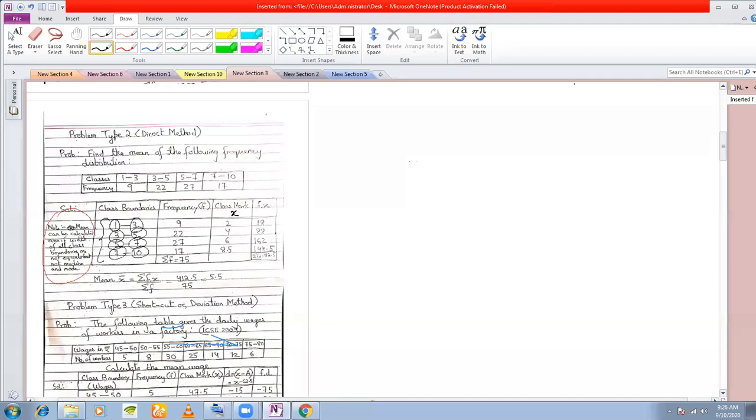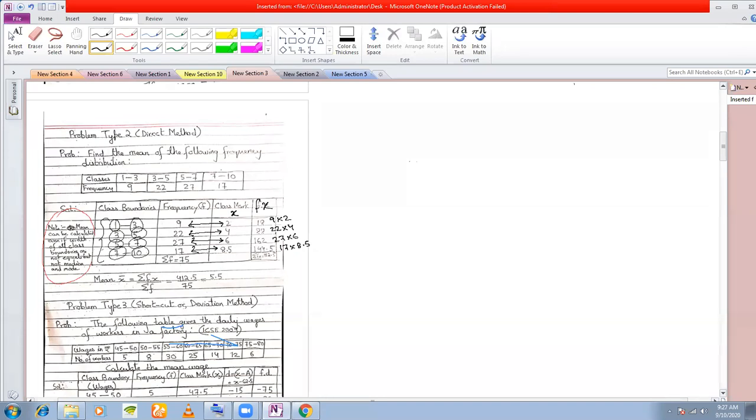Finally we are making the column for Fx. What is Fx? The multiplication of these two. So 9 into 2 is 18, this is 22 into 4, 27 into 6, and this is 17 into 8.5.